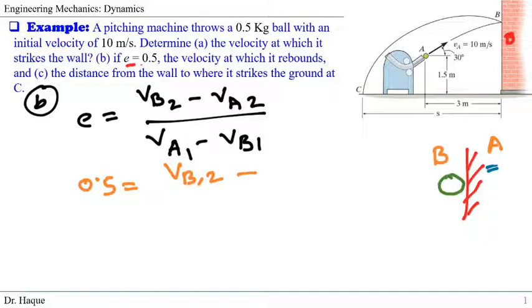VB2 is the velocity after the rebound of the ball, and VA2 is the after-impact velocity of the wall. The wall doesn't move, so what would be the velocity VA2? You're right, it would be 0. Similarly, the wall doesn't move before the impact, so again VA1 is also 0, right? So this is 0, this is 0, so all we have is VB1.